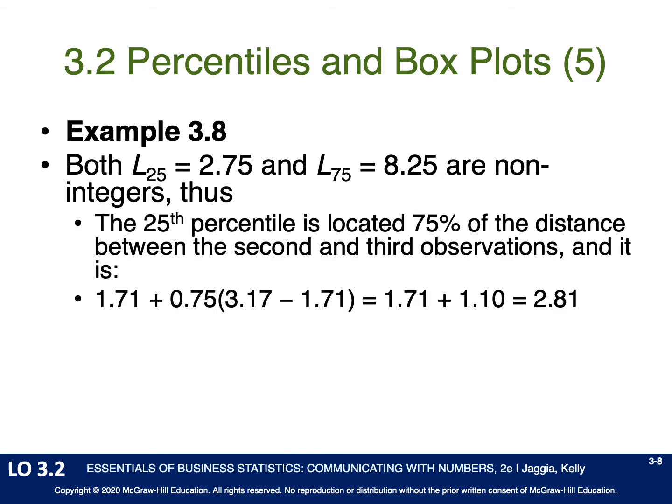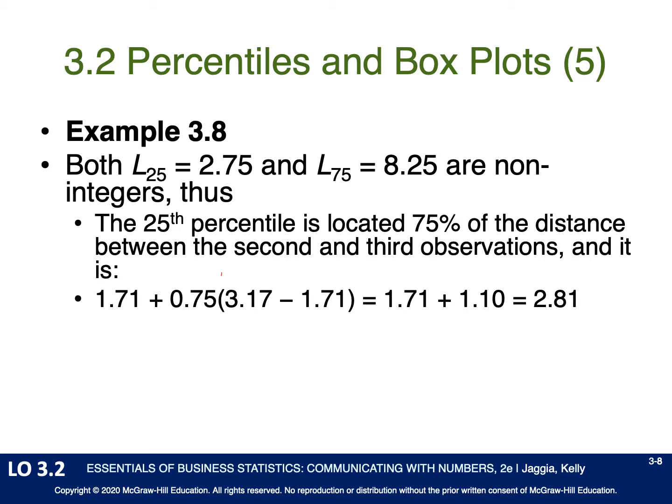So for example, we have already talked about this. We're going to take our second observation. If you're looking at your data, observation 2 is 1.71. Observation 3 is 3.17. So we need to calculate 75% of the way between observation 2 and observation 3.